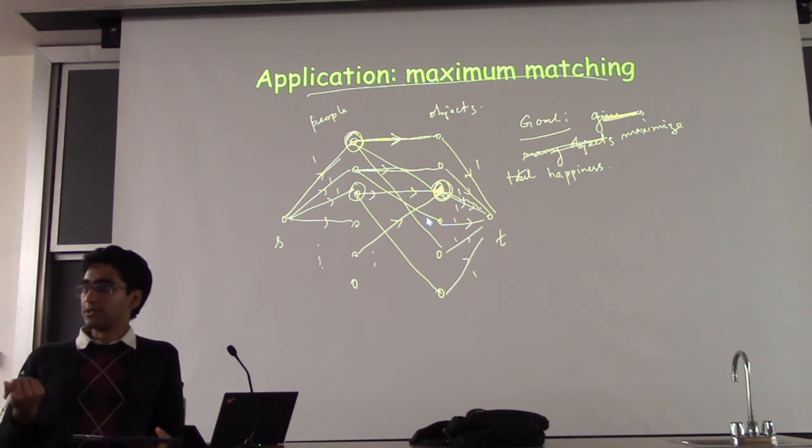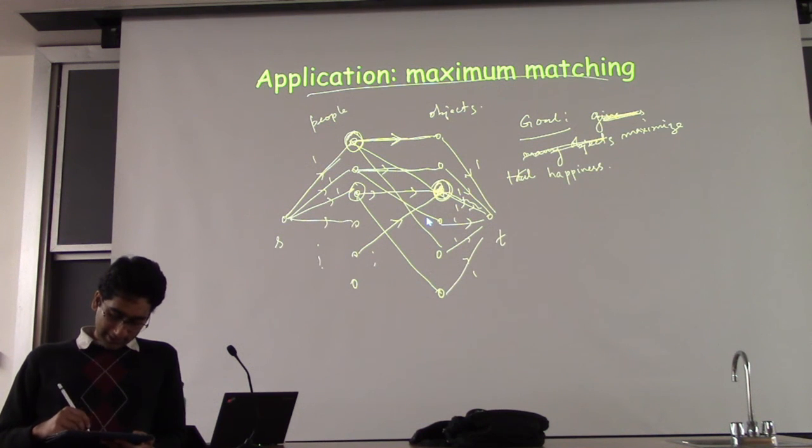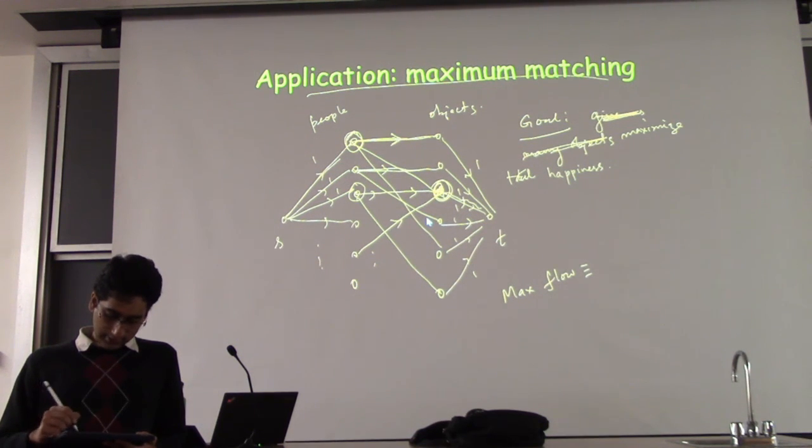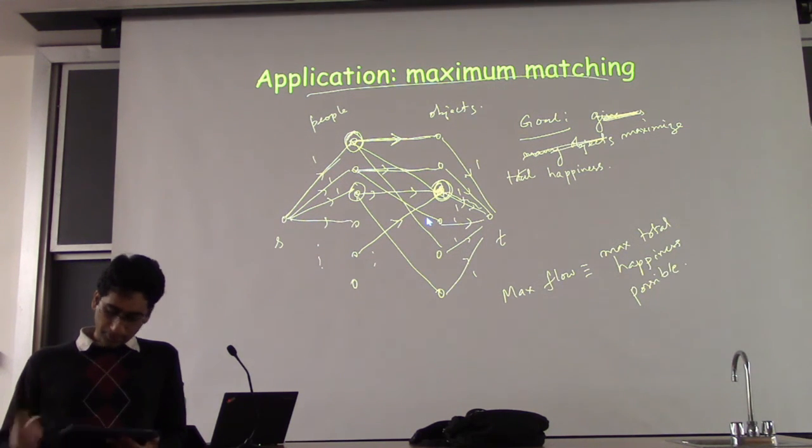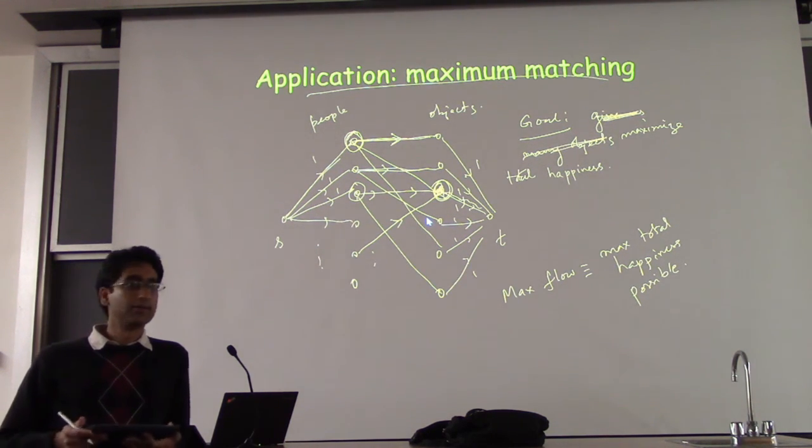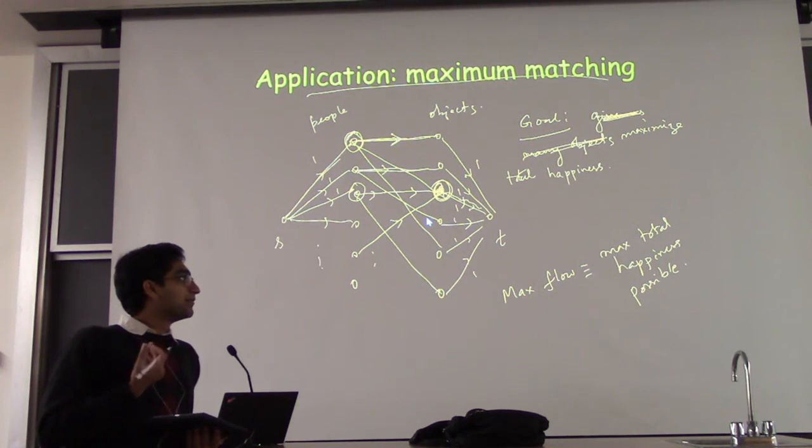So that's the argument: the max flow is equal to the max total happiness. This is one very simple application of flows.